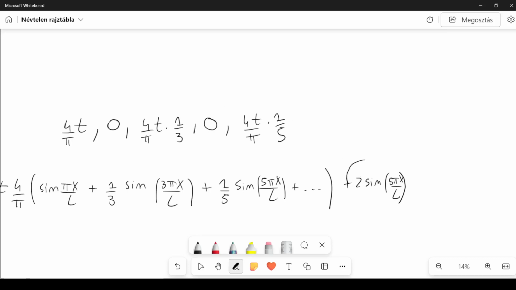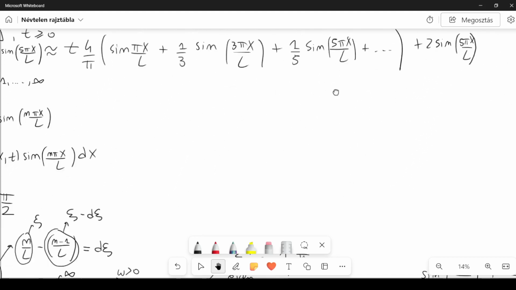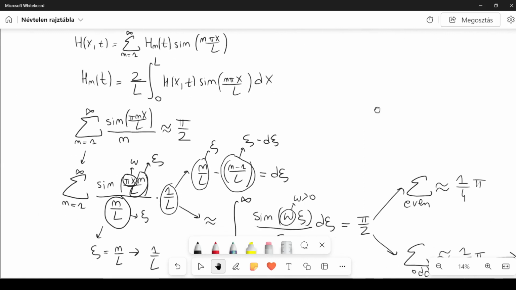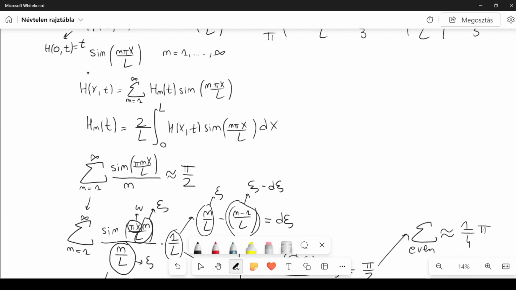And we also have this term, which gives a contribution, because we have sine of 5 pi x over L. So we have this factor of 2. Then, of course, we have 0. Then we have 4t over pi times 1 over 7, and so on. So you get 0, and you get all the other terms.